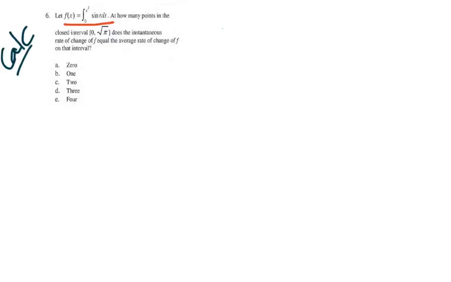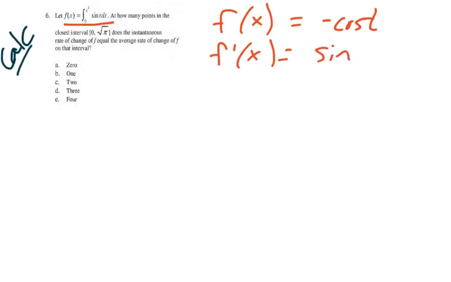So even though it says f of x is equal to the antiderivative of sine of t, that actually means that the function that we're actually dealing with here is negative cosine of t, because sine of t is the derivative of negative cosine. So that would be my derivative function. But the actual function that we're dealing with here is the negative cosine of t.